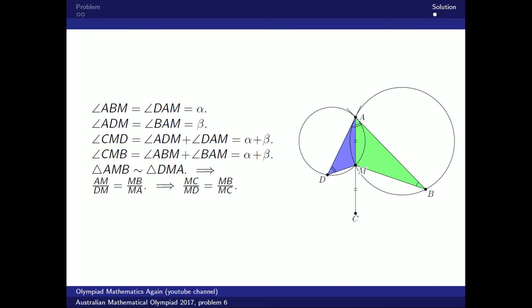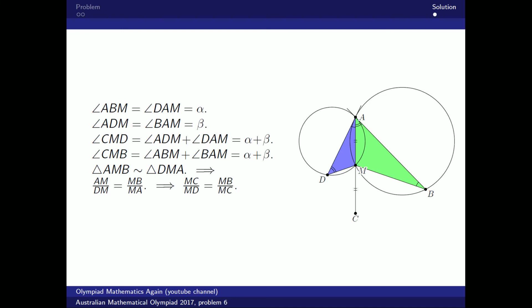so now let us go back to the point C. In the problem setting there was the condition that AM is equal to MC. So in this equality that we just obtained, we replace AM with MC.